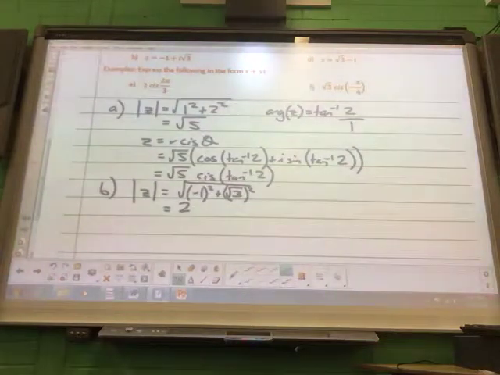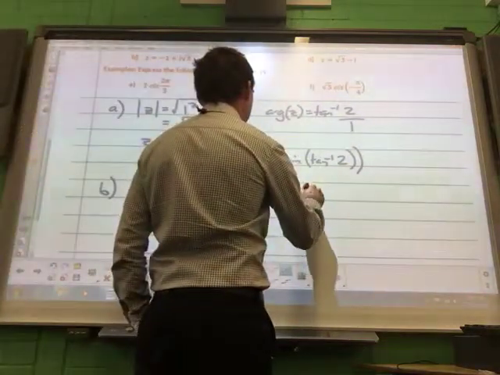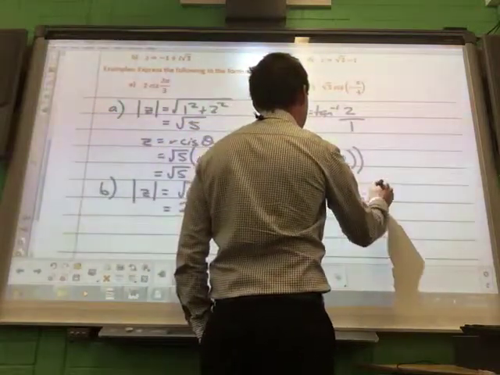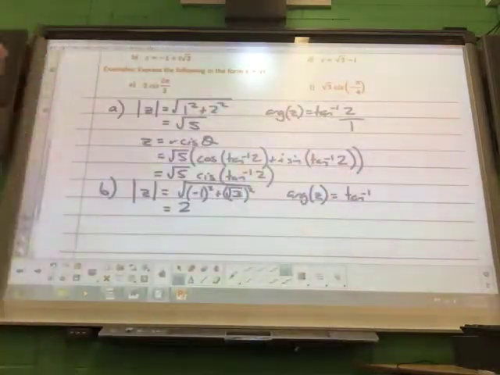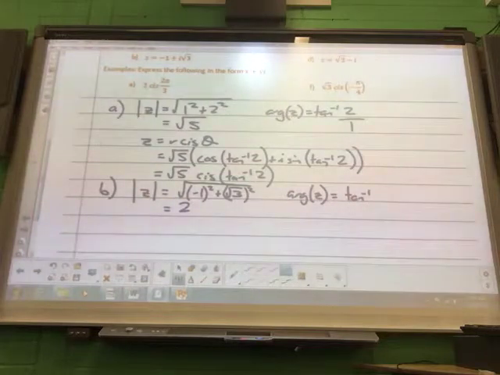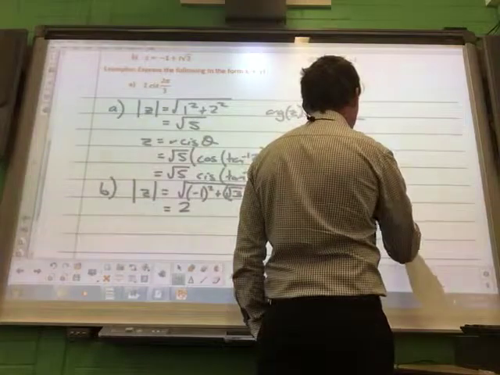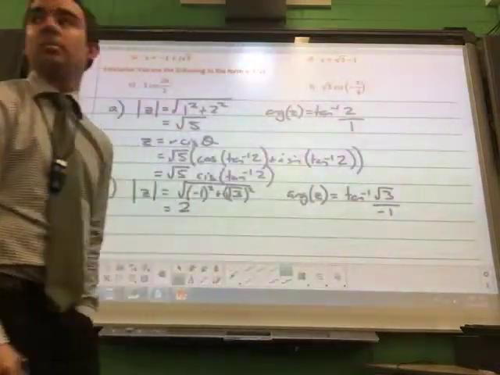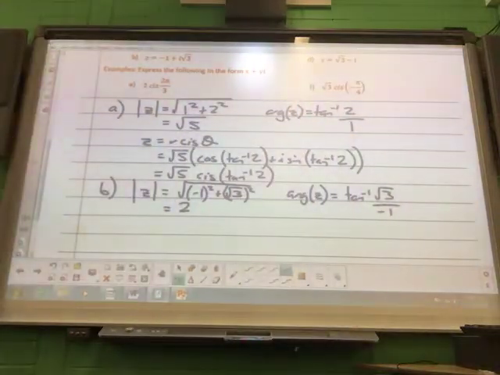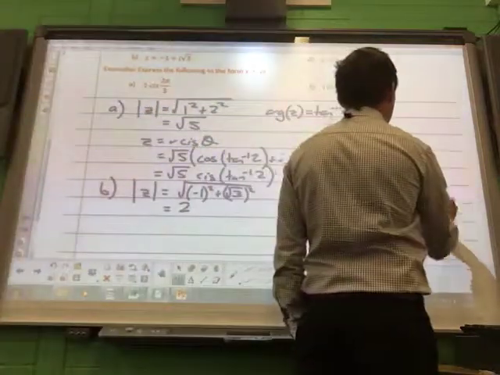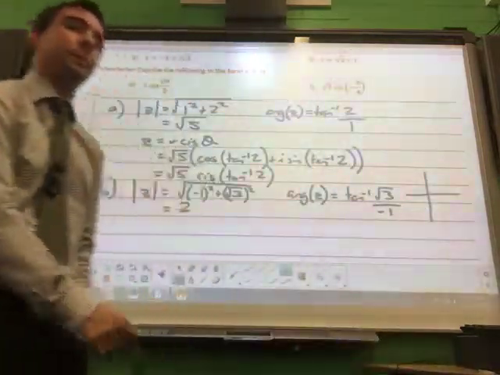Yep. And the argument is tan inverse of y over x. So root 3 over -1. Okay, when you're calculating the argument, you need to consider your quadrant and you need to consider your sign.